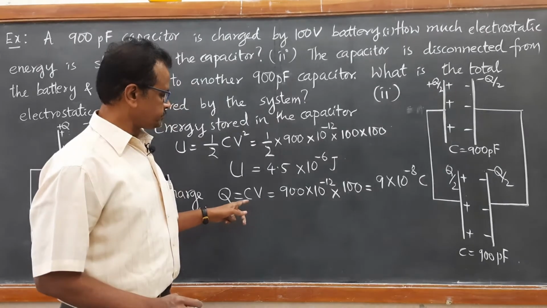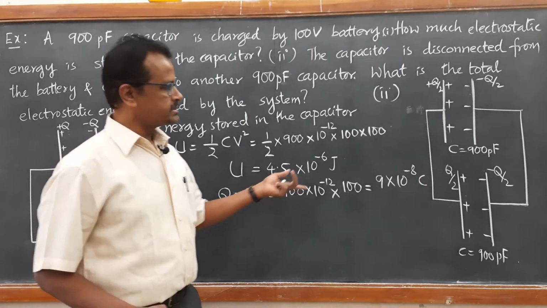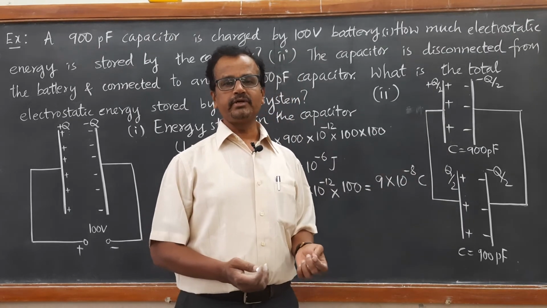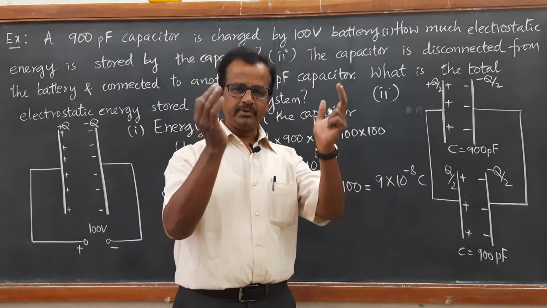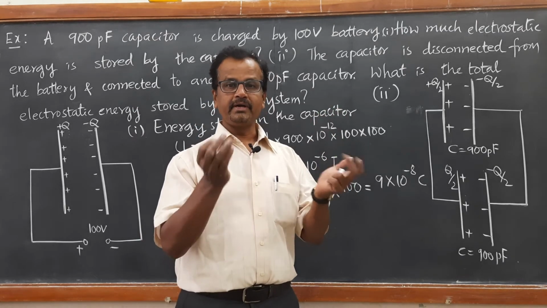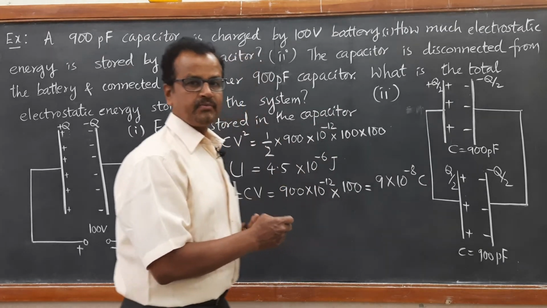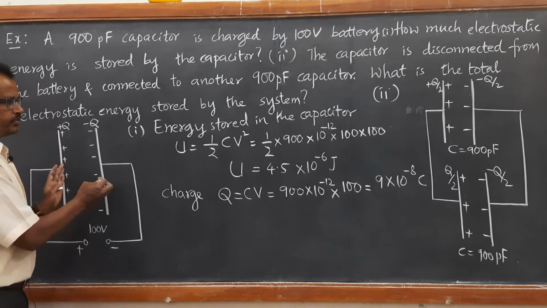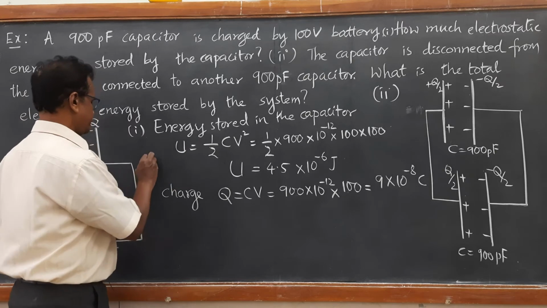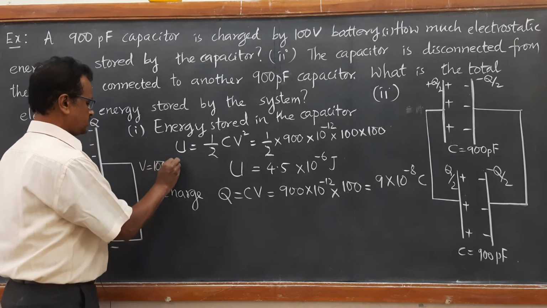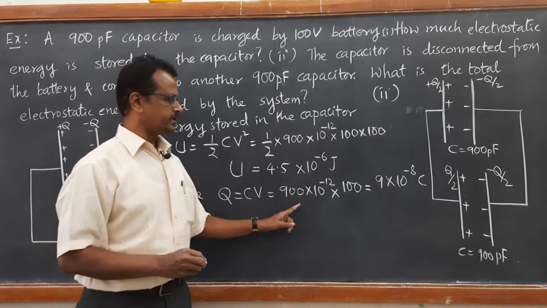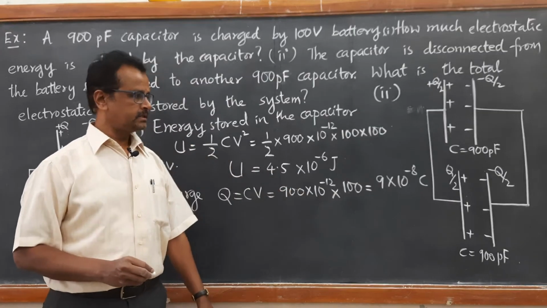Now, when the charge is reduced from Q to Q by 2, the potential difference is also reduced from V to V by 2. Earlier it was charged with potential V equal to 100 volts. At that moment the charge was Q, calculated as 9 into 10 to the power of minus 8.